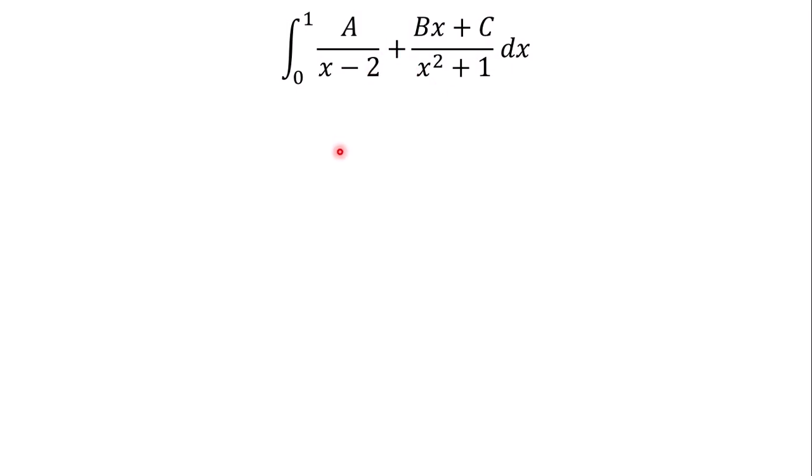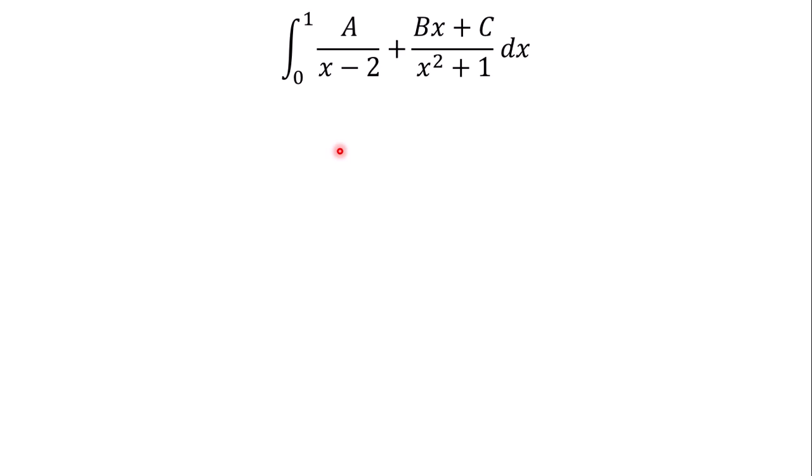So we are going to get 2x plus 1 all over x minus 2 times x squared plus 1 is equal to a into bracket x squared plus 1 plus into bracket bx plus c multiplied by into bracket x minus 2, divided by x minus 2 times x squared plus 1.